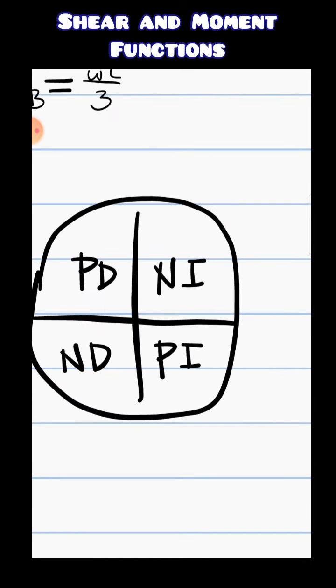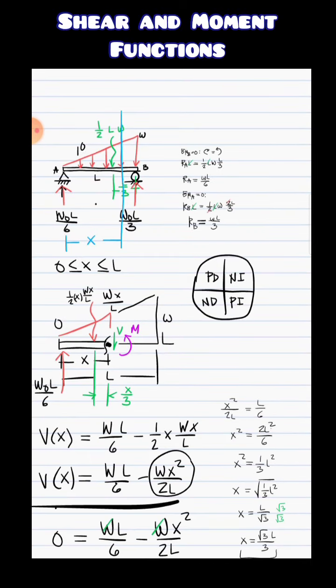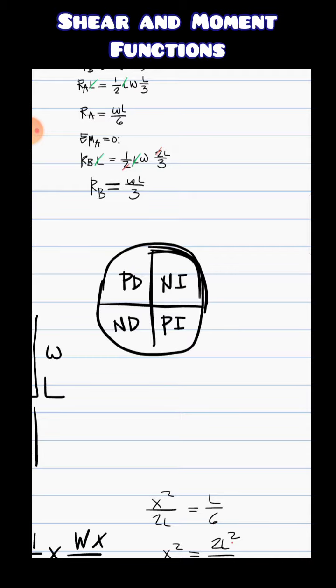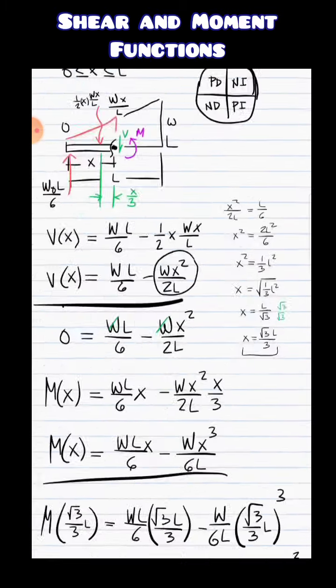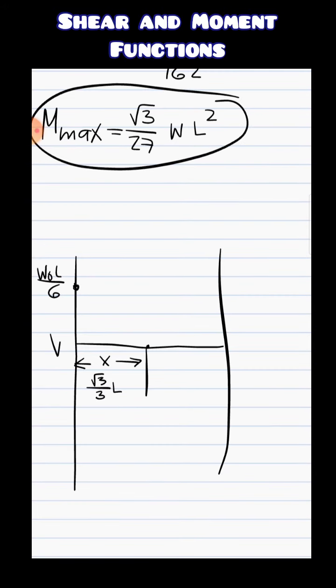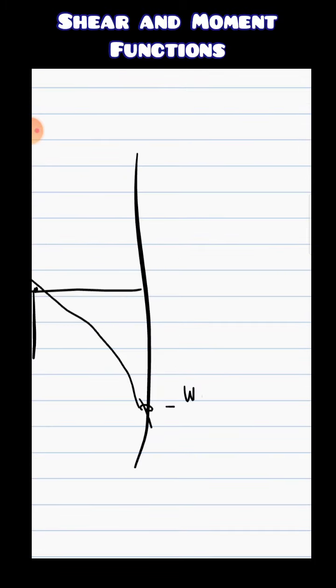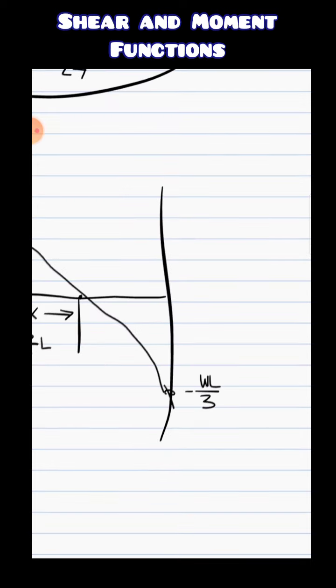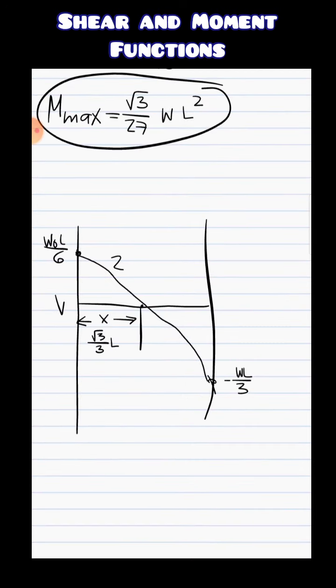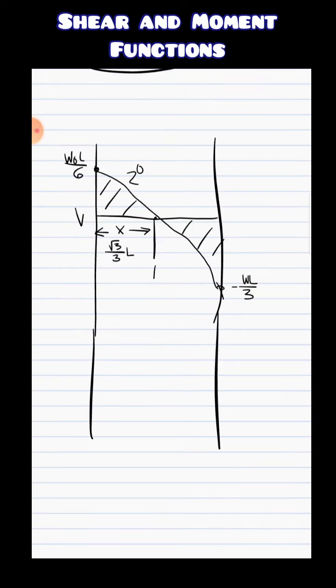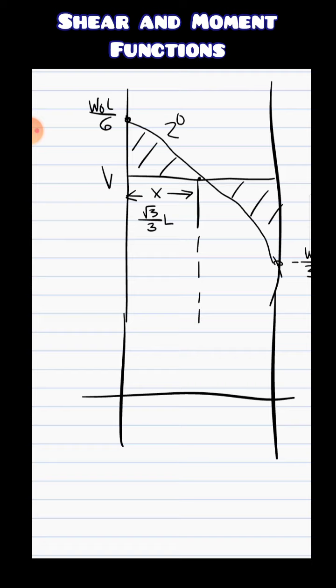Our load here is negative, since loads are negative when downward, while its slope is increasing, so our curve will look like this: NI, negative increasing. Going back to our diagram, from here this will become like this one. Of course, this will be negative WL over 3, the reaction, while this is second degree. For the maximum moment, it's just this one.